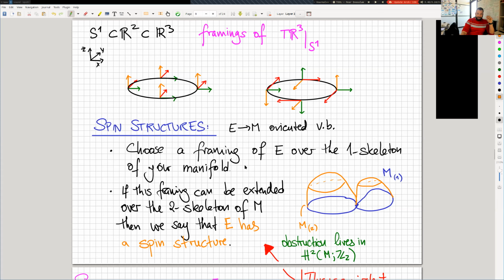If you can take a framing of your vector bundle over the one skeleton such that it extends to the two skeleton of the manifold, then we say that E is spinnable and has a spin structure. So this is a spin structure for me in this talk. Just take a framing of the vector bundle over the one skeleton, and if this extends to the two skeleton, then it's called a spin structure.